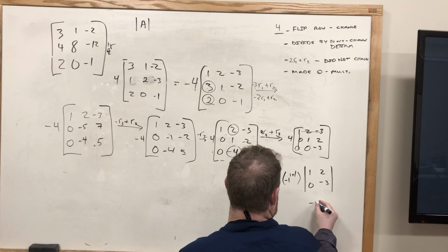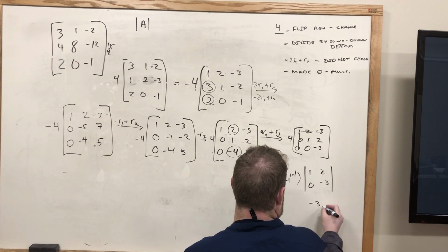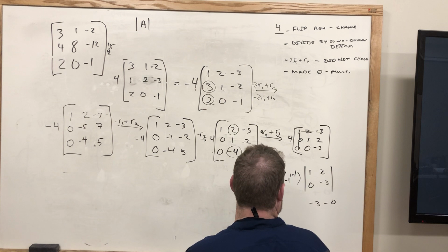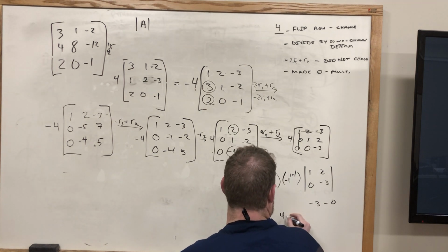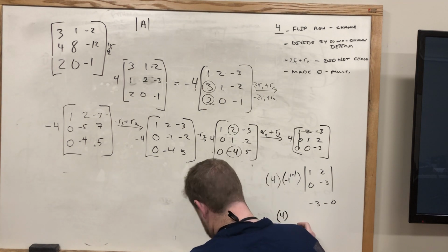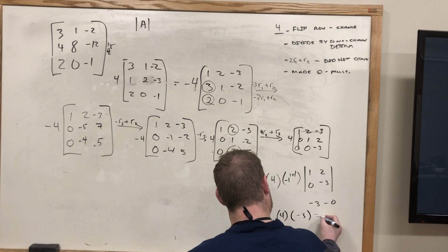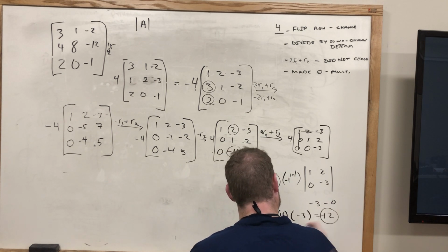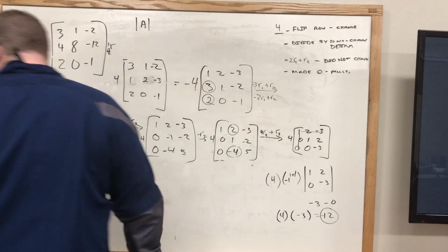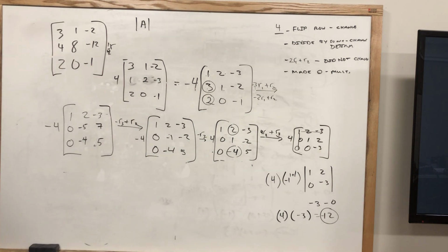Well, what does that give me? -3 minus 0, right? So 4 times a -3 gives me a -12. So essentially, you have to go through and work carefully and efficiently as you can through that.